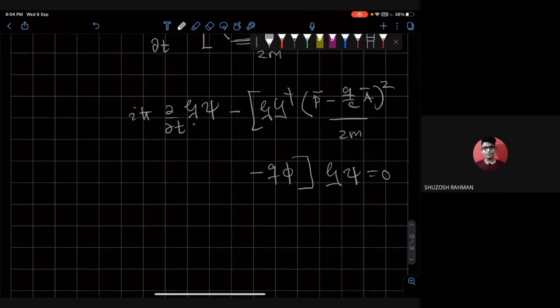And then we can just take this outside because G does not depend on time. So we have i h bar d by dt of psi. Here, we can get this guy outside.